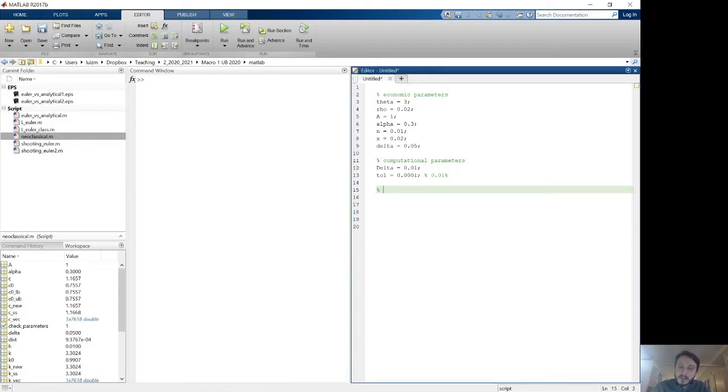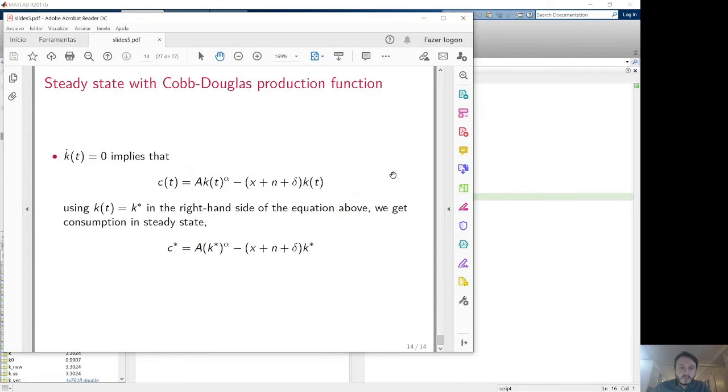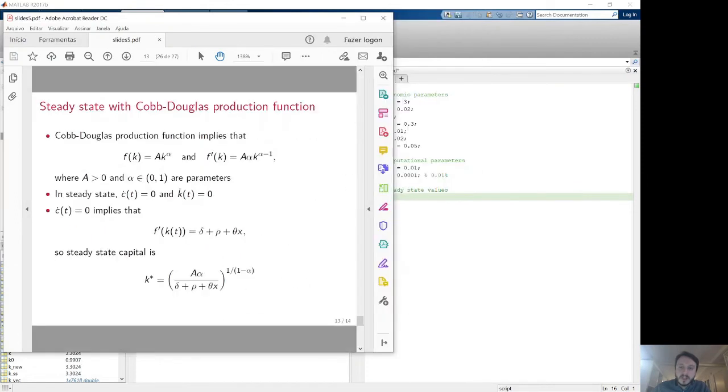Okay, next thing we need to do here is to compute the steady state values of capital and consumption. Note that we already have values for the parameters. That means that we can find the values of capital and consumption in steady state. We just talked about capital in steady state.